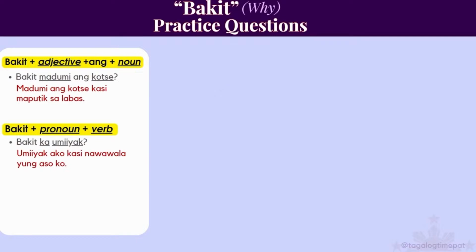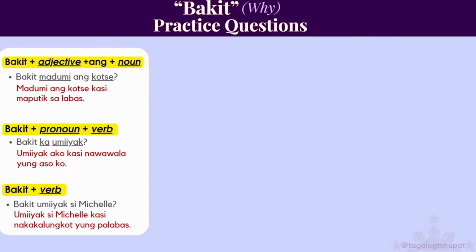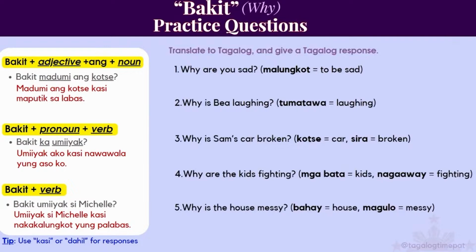Bakit ka umiiyak? Or bakit plus a verb. Bakit umiiyak si Michelle? Why is Michelle crying? Okay, so those are the different sentence structures when using bakit. And just a tip, when you're making a response, you can use kasi or dahil. Remember, that means because.